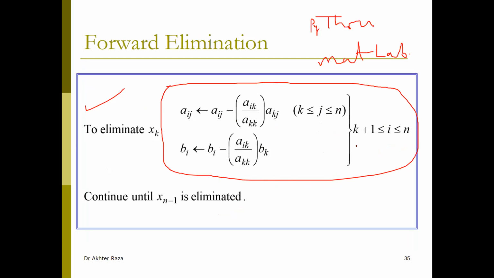This is a loop. This loop starts from k equal to 1 to n. If k is 1, then this is row number 2 to n. If k is 2, this will be row number 3 to n. This step is to be implemented in a loop that starts from 1 to n.